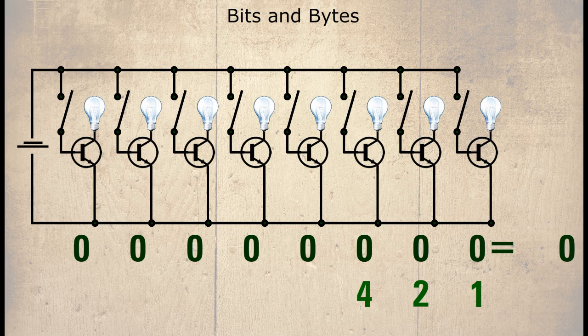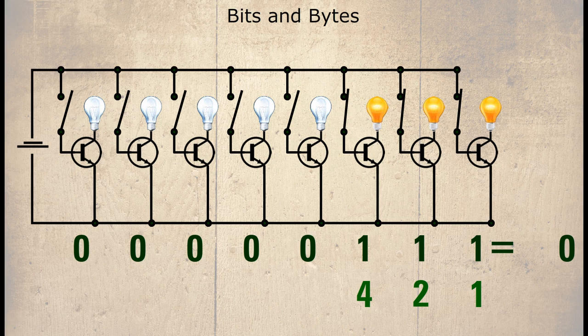Double the 2 and make 4 and put that under the next transistor to the left of the last one. Now if we switch on the last 3 transistors, then add the decimal numbers under the ones that are on, so that's 4 plus 2 plus 1, which makes 7. So binary 0, 0, 0, 0, 0, 1, 1, 1 is equal to decimal 7.